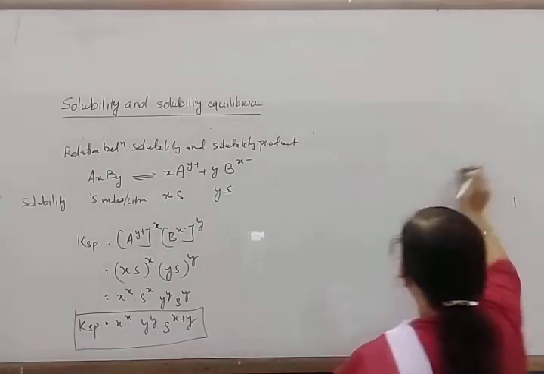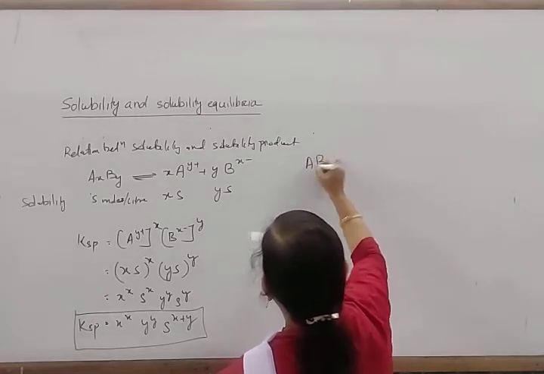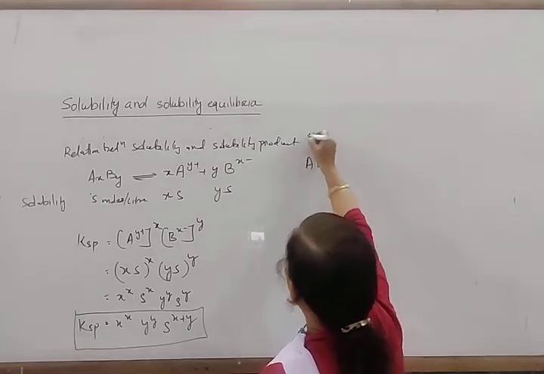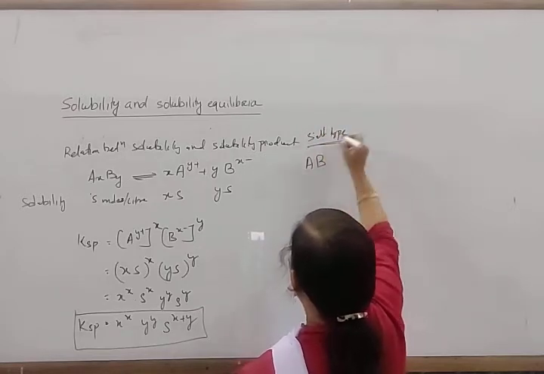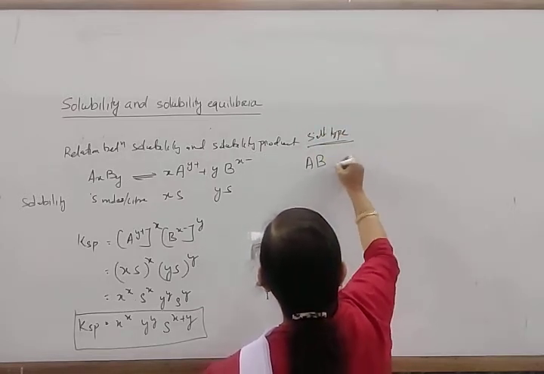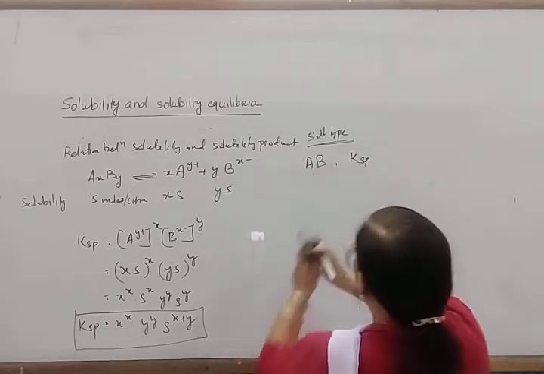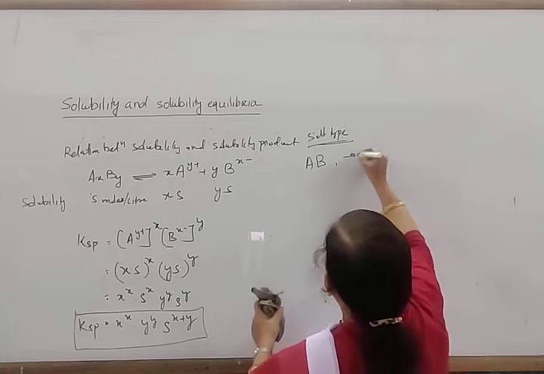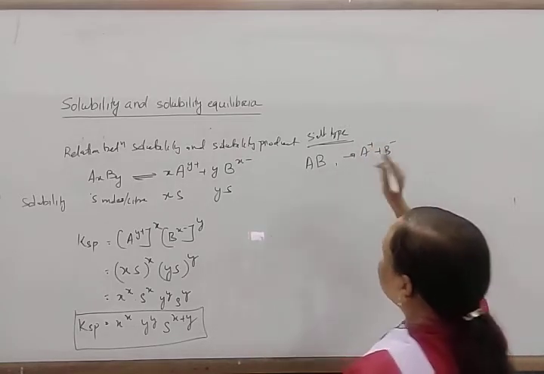For example, if the salt is of type AB, what is the value of its Ksp? AB gives rise to A+ and B-, no coefficient is there.